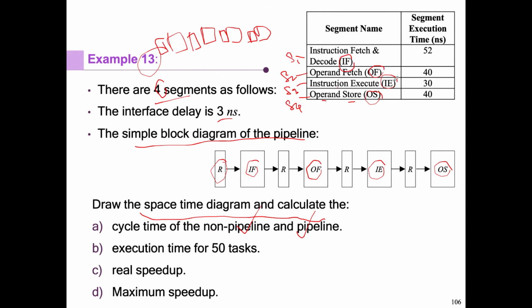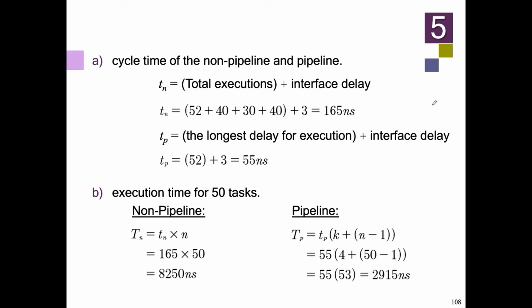For non-pipeline, you just need to add it all together, then you're going to get the answer. You can see over here, this is the answer. While for the pipeline model, you're going to pick the longest execution.